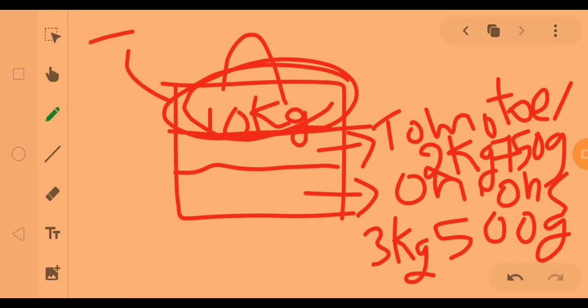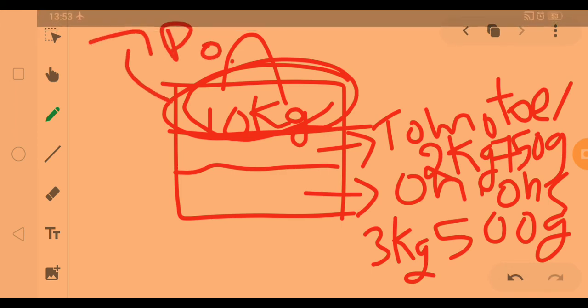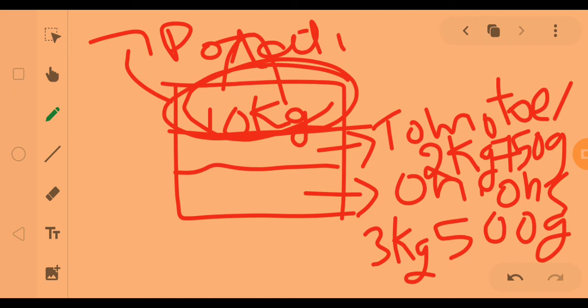This area is potatoes. So the weight of potatoes is not given. Instead the total weight is given, and also the other 2 types of vegetables and their weights, tomato and onion. So how do we find the weight of potatoes here?